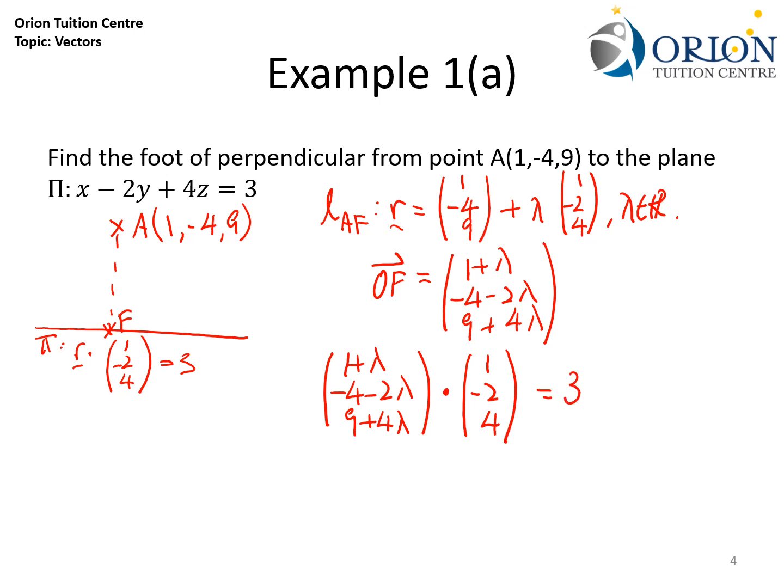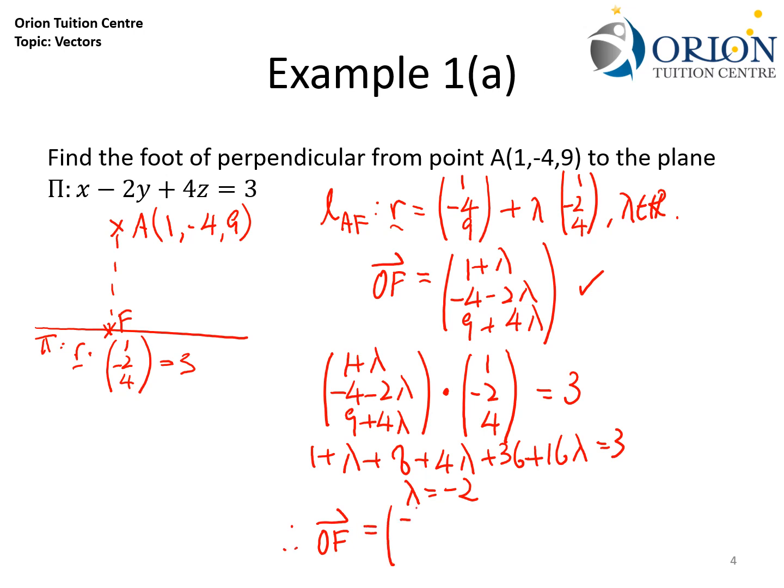If I expand this dot product, I will get 1 + lambda + 8 + 4 lambda + 36 + 16 lambda equals 3. And this gives me lambda equals -2. If I substitute this lambda equals -2 into my equation for OF, I will get OF equals (-1, 0, 1).